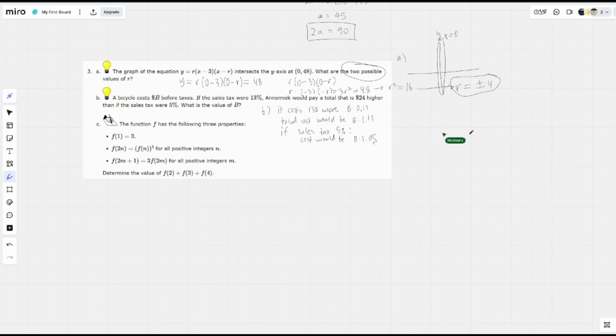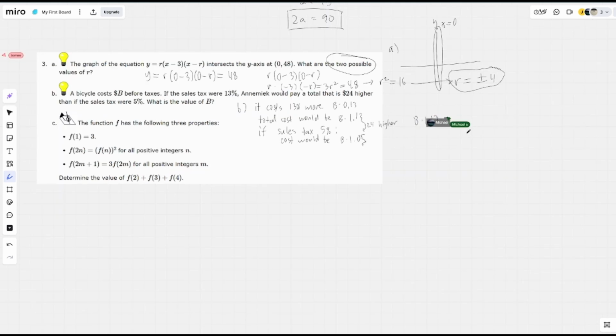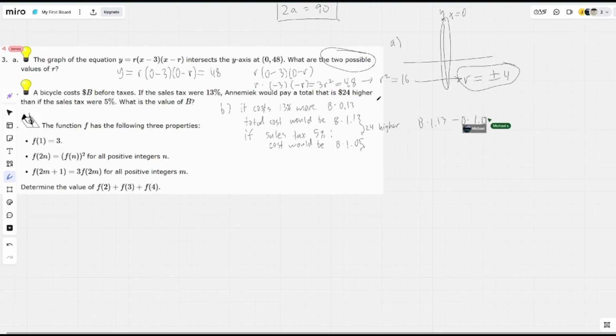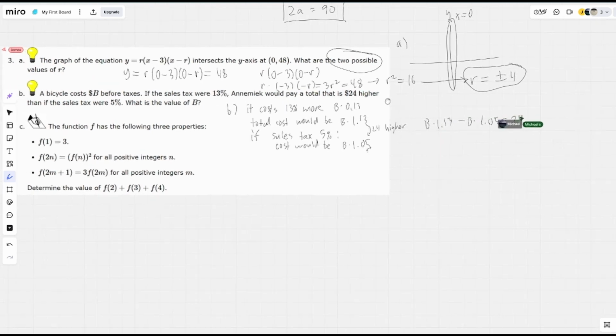Now we're given that this is 24 higher, right? So what we can do is subtract the two to get 24. So B times 1.13 minus B times 1.05 is equal to 24.